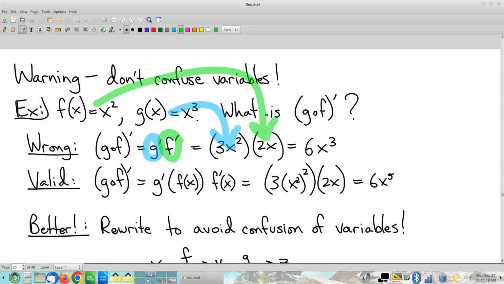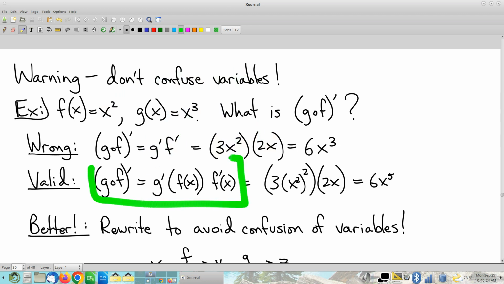Because I was a little too fast and loose with how I applied the chain rule. It is a product of derivatives, but you have to be extra careful that the outside function's derivative is evaluated at the inside function's value. Right? This is the annoying little fact of the Newton notation for the chain rule.